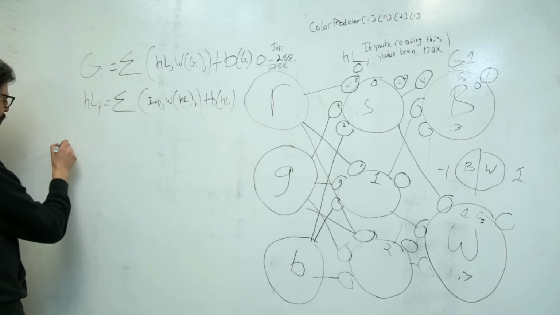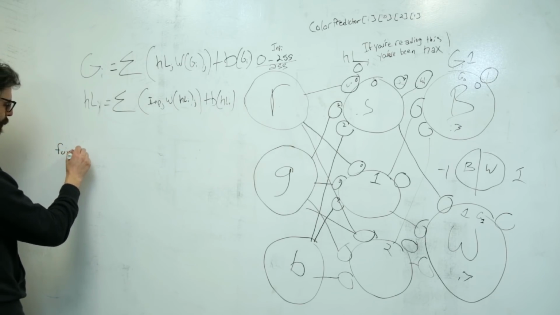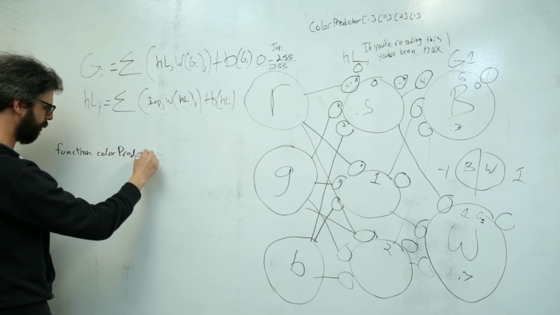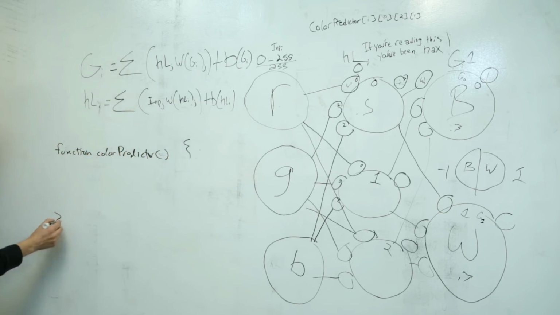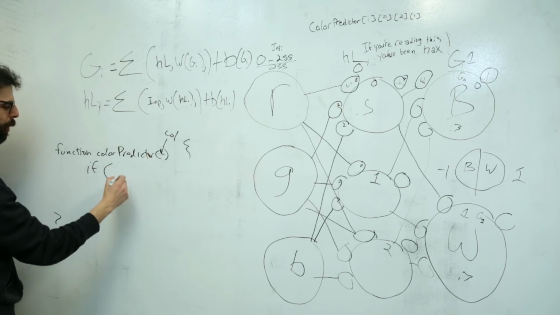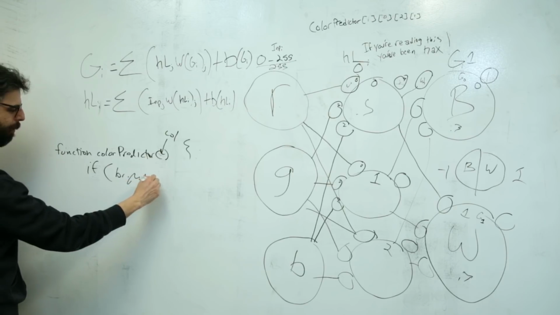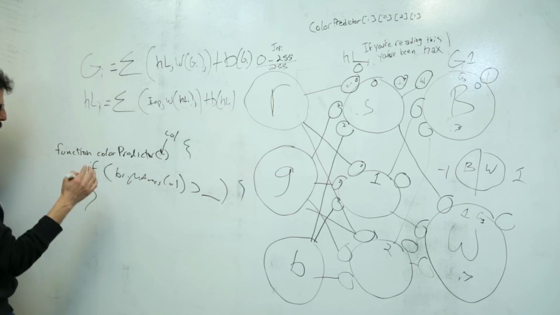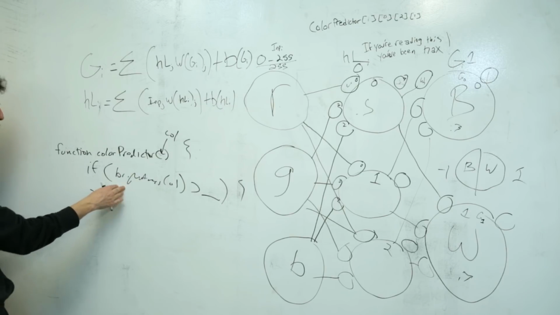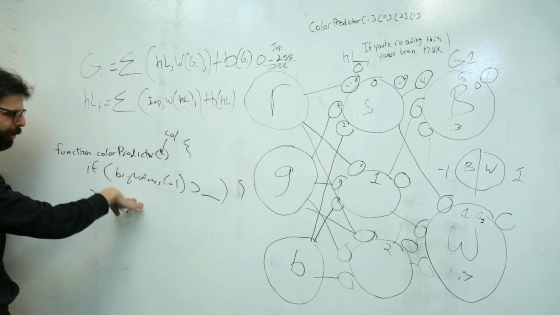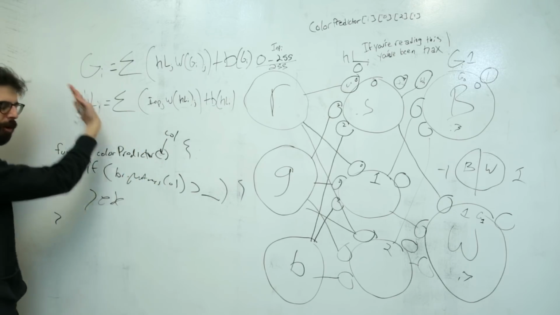I was thinking about this the other day: what if we made a function color predictor, and we just had an if statement in there, and you give it a color. So if the brightness of that color is greater than some value, then you should put black on that color, or white on that color otherwise. So this is a hard-coded function that takes inputs and returns an output.